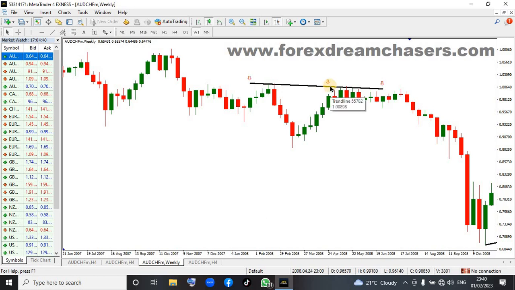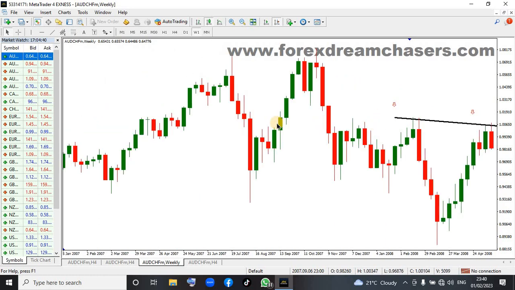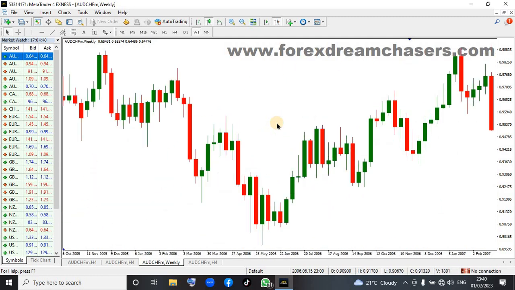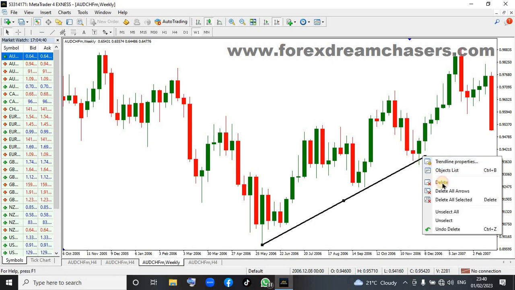This one is not valid unless we go to a smaller time frame. I can see that we have a few touches here. And this one is not valid as well.